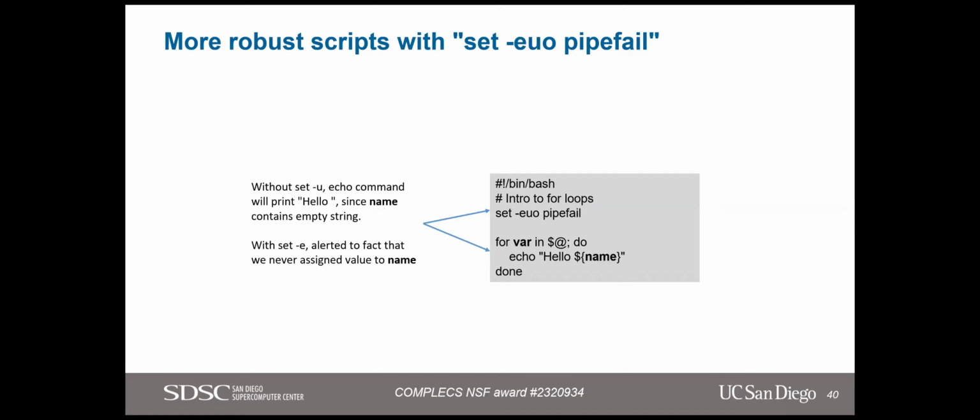If you ran this without the set euo pipefail line, it is just going to echo hello for you. But because you use the E and the U, it's going to say, name does not equal var, so name is undefined. And I've been told that that's an error, so it's going to abort for you and give you some reasons.